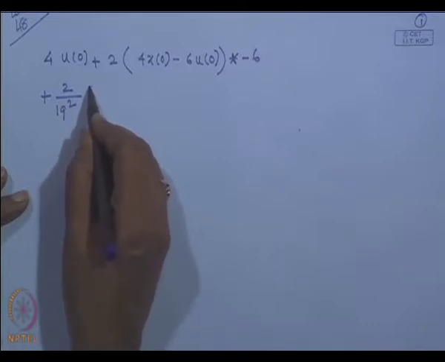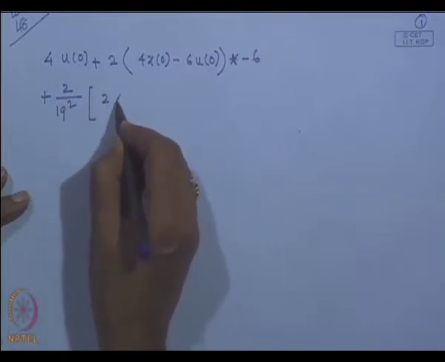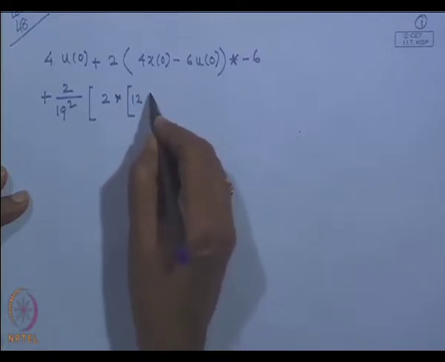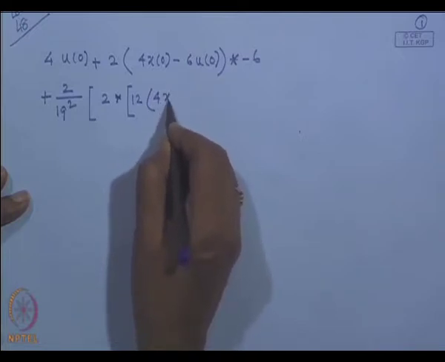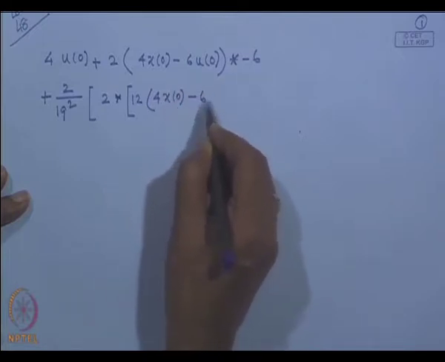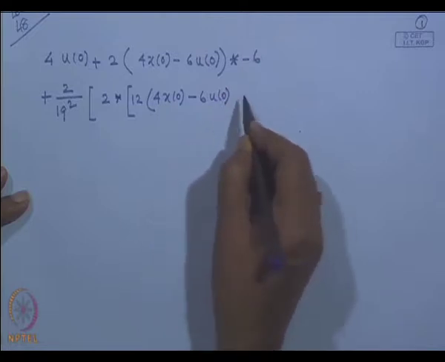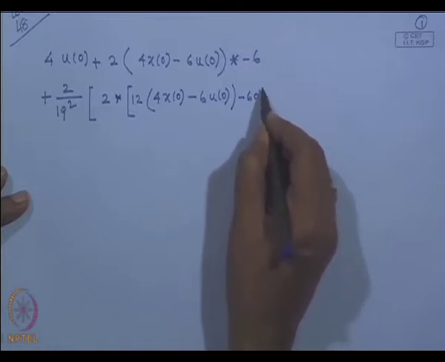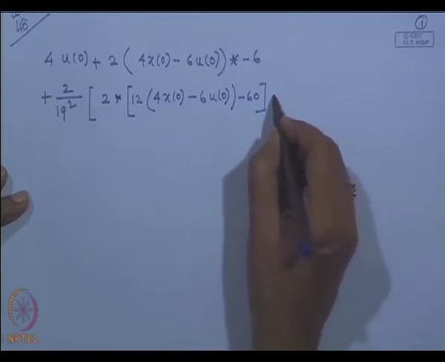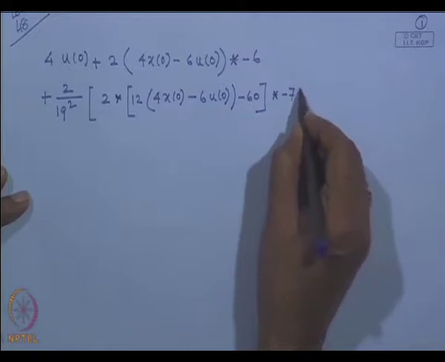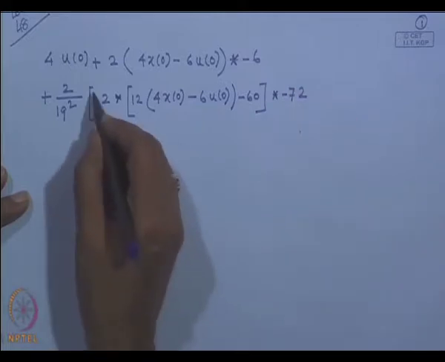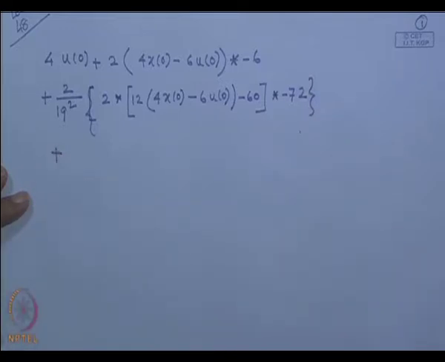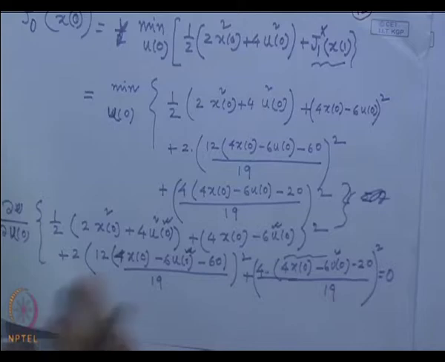then bracket 2 star bracket 12, 4 into x 0 minus 6 u 0 bracket close minus 60, then bracket close into minus 72. So, that you use this one. So, that plus the third term's differentiation; this we have done.